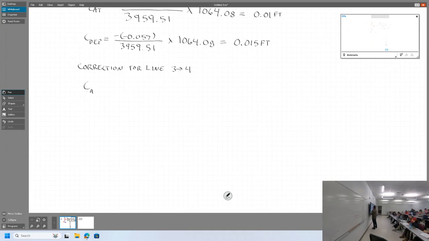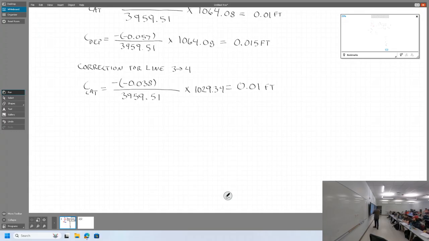So again, now we have the latitude correction on 3 to 4. Now we're going to a different slope distance, right? It's going to be 1,029.34.